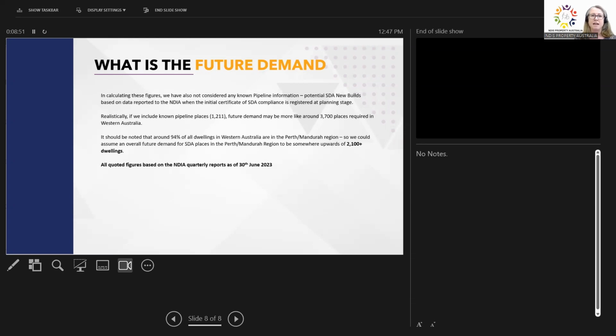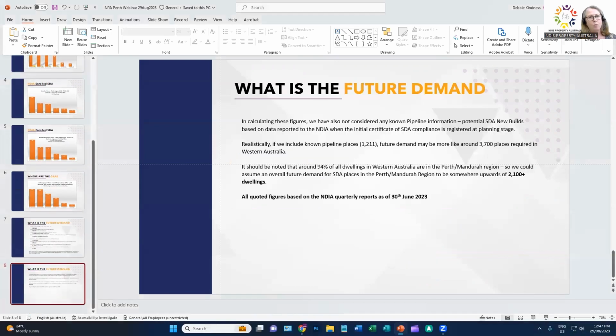And I also want to mention that as we're only talking about the Perth region, 94% of all dwellings in Western Australia are in the Perth-Mandurah region. So we could assume that out of that future demand, we will need upwards of 2,100 dwellings in the next 9 years in Perth-Mandurah. So that is an overview of what we're looking at in terms of demand going forward in Perth.